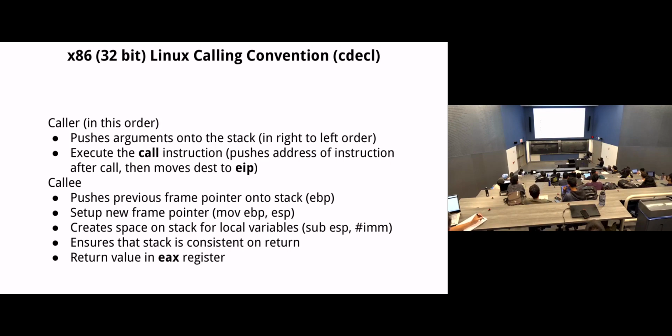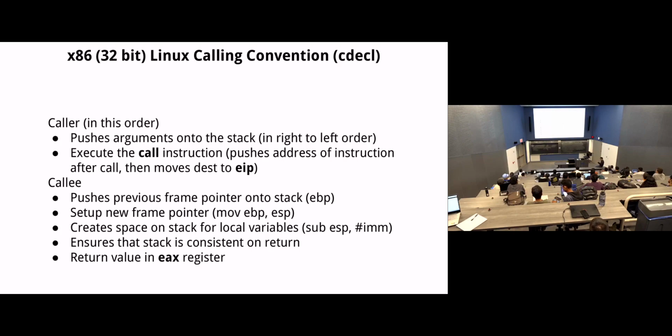So what happens in this calling convention is the caller. What is the caller? In our simple example, we have an add function and a main function. The main function calls the add function, and the add function returns to main, right? So the main function in this case is the caller, and the add function is the callee. The caller will push the arguments for the callee to the stack.